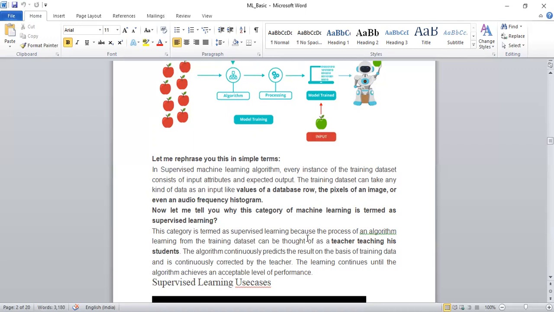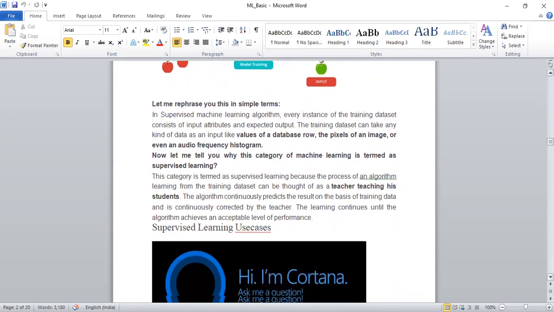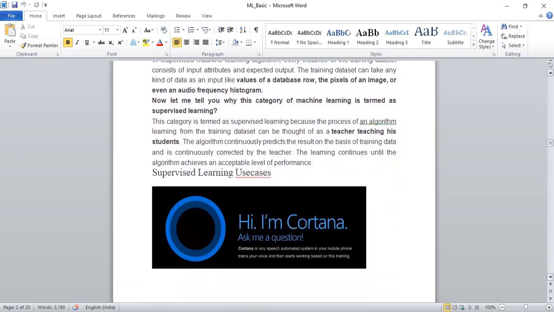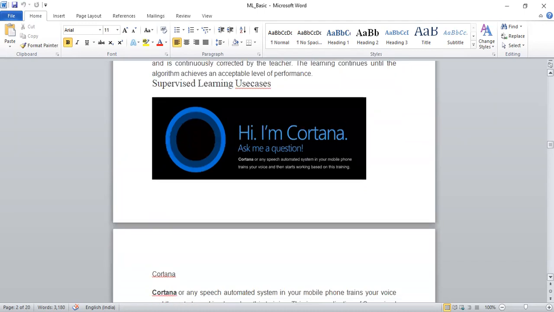The learning continues until the algorithm achieves an acceptable level of performance. Understood? So this is one use case of supervised learning.